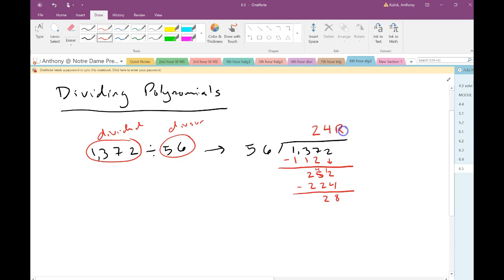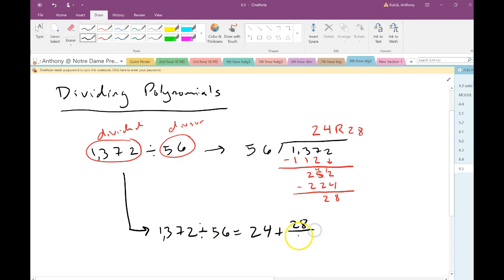And I get remainder 28. So we'd say our answer then is that 1,372 divided by 56 is equal to 24 plus 28, my remainder, over 56, my divisor.